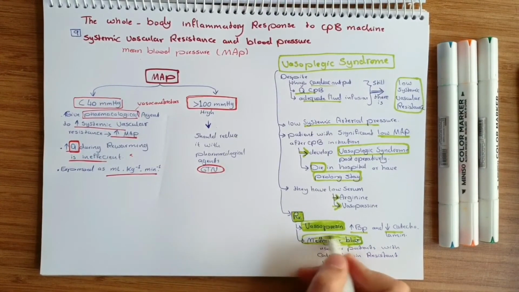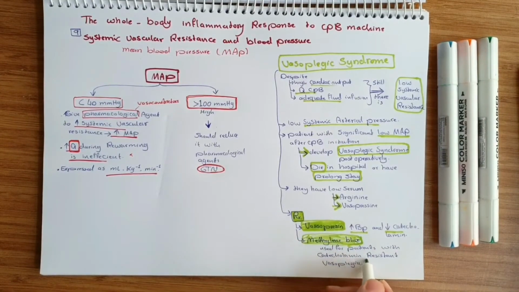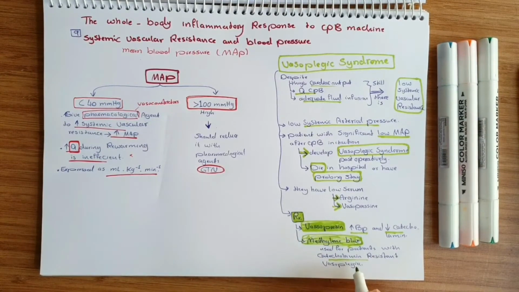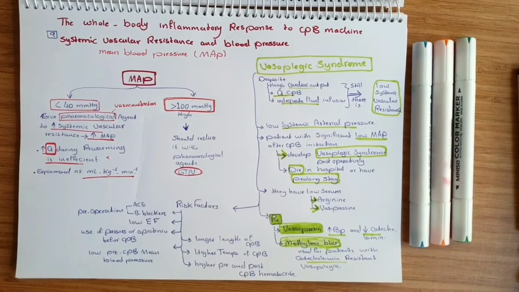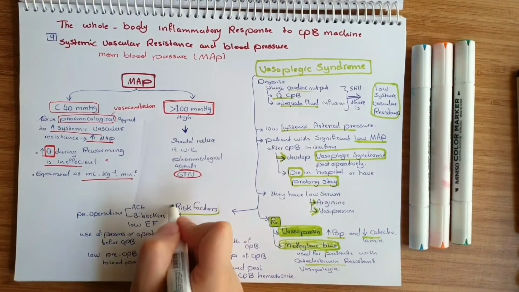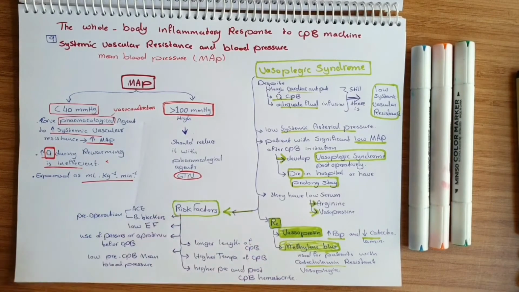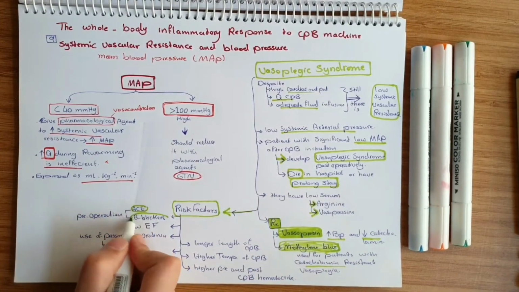For treatment, we can use vasopressin, which will increase the blood pressure and decrease the catecholamine. Methylene blue also can be given for cases of vasoplegic syndrome which are resistant to vasoconstrictors.